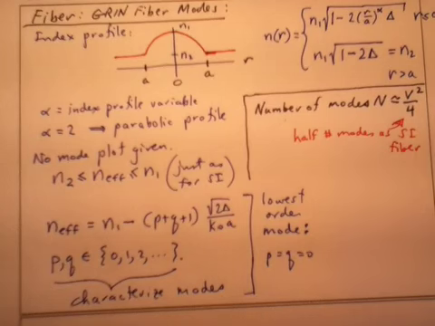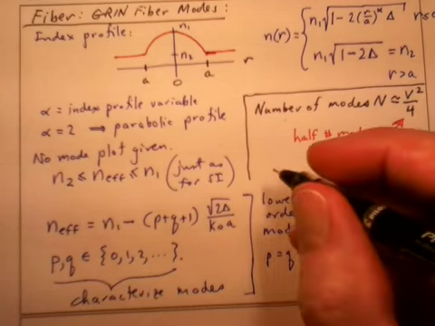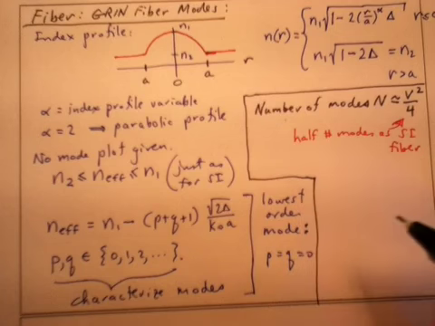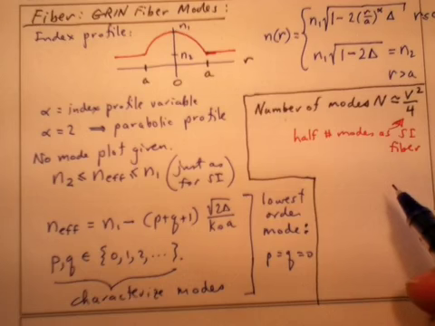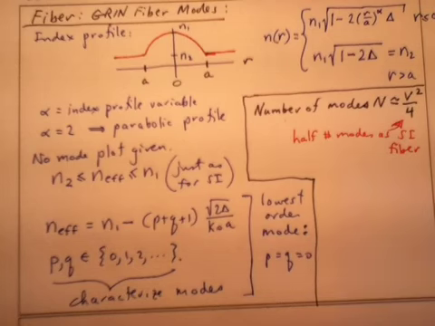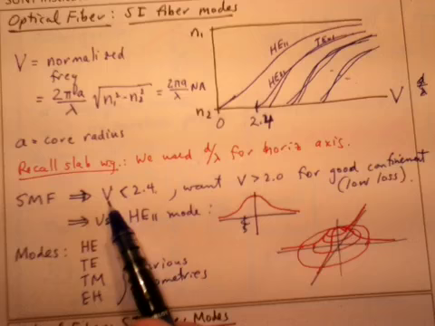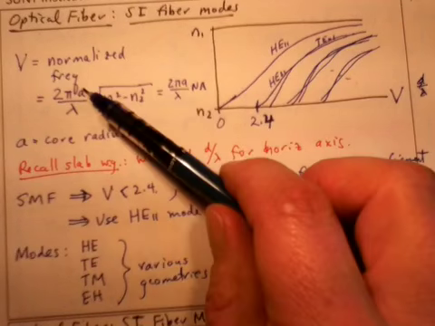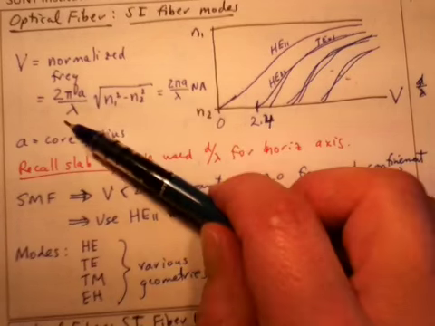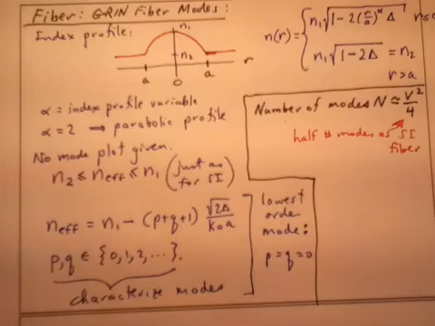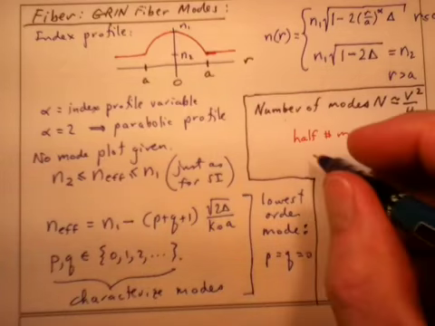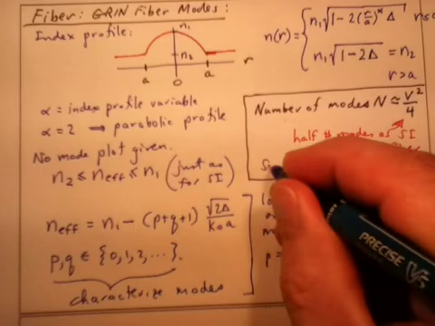Finally, we can write down an equation for the condition for single mode behavior. For step index we had a maximum V value. It's a different type of equation, but for step index we had that V was less than 2.4, and V was very much like our d over lambda. For GRINs we characterize it in terms of a over lambda again, the single mode condition.